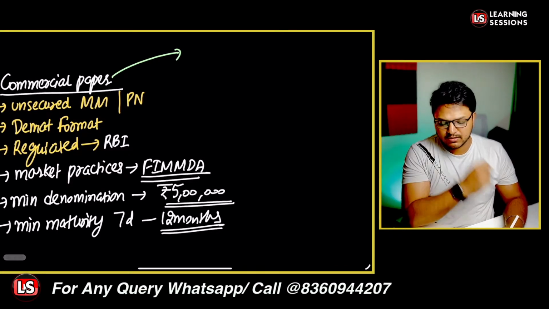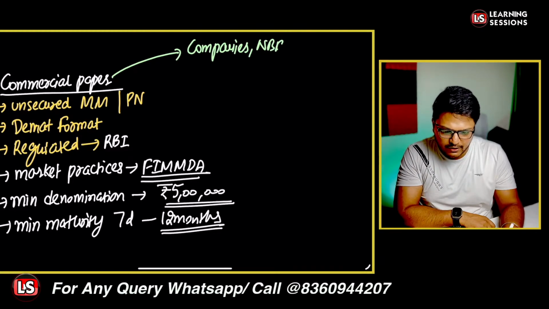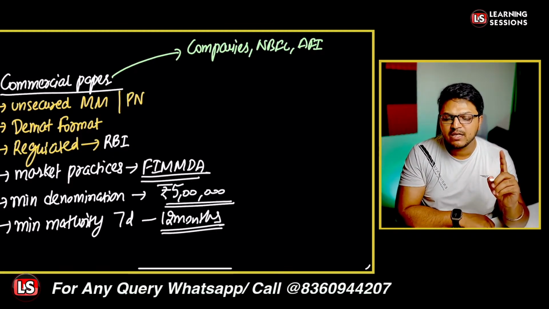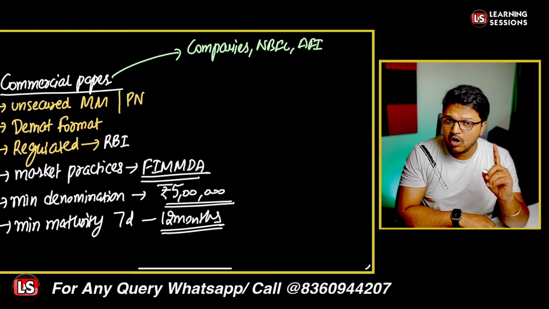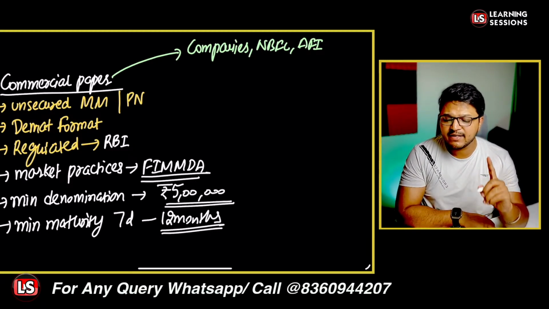Companies, including NBFCs, that is non-banking financial companies, and all India financial institutions, AIFIs we call them, are eligible if they qualify with the condition that all the facilities taken by them are standard facilities. None of the loans taken by them is an NPA, and they have a standard category working capital limit. Then they can be issuing commercial papers, right?